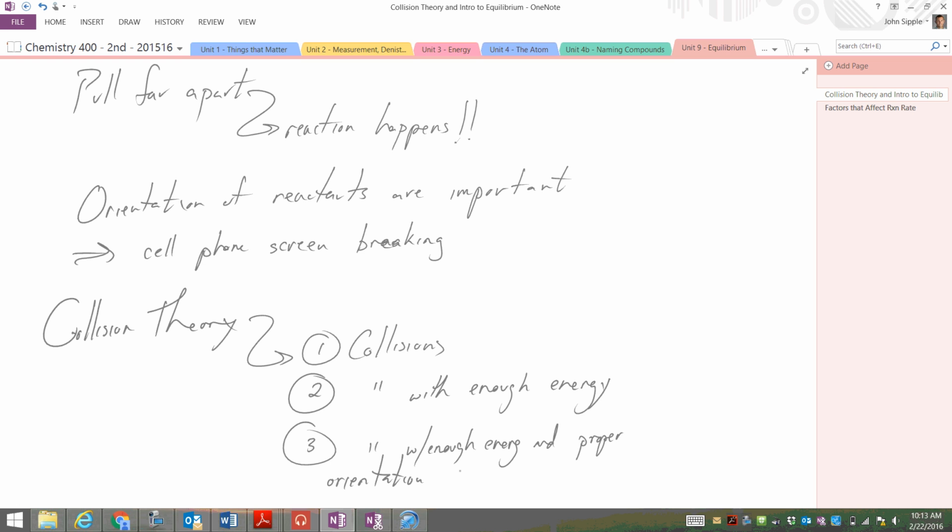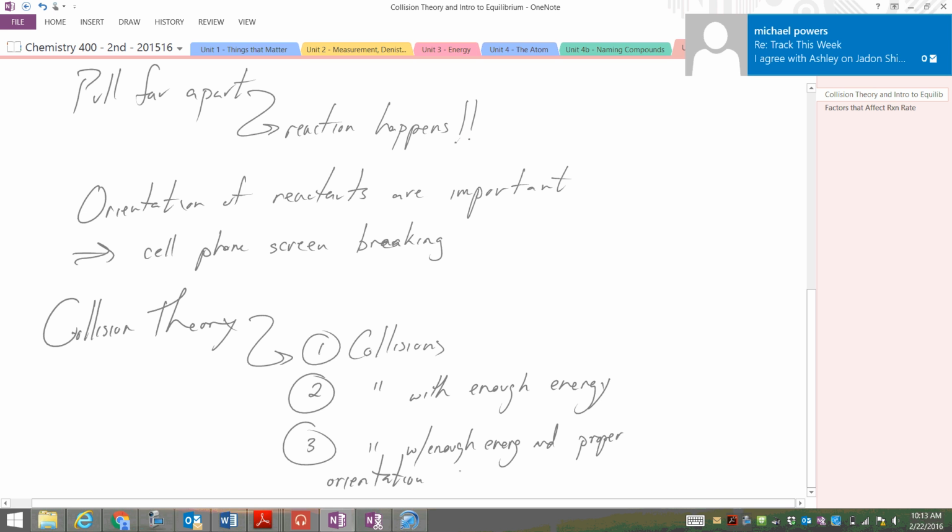A great example of orientation is your body. Your body does a great job of orienting molecules in the right way. Because if you think about, we haven't gotten to this enough yet, but molecules and compounds, ionic compounds, covalent molecules, things like that, they have shapes, right?